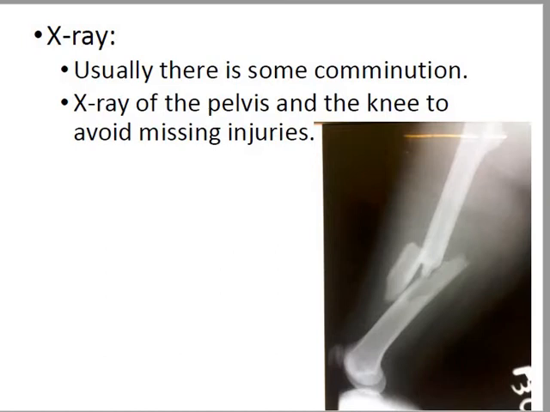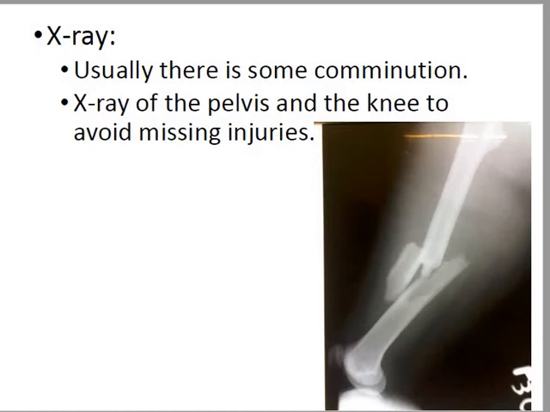Of course, next to the examination you should send the patient for an X-ray. What would you expect to see in the X-ray? Usually there is some comminution, and sometimes you don't see this comminution in the plain X-ray, but intraoperatively you discover that there is some comminution. Why is that?